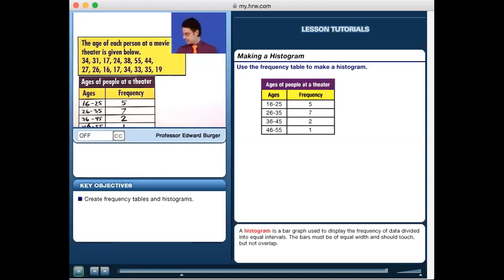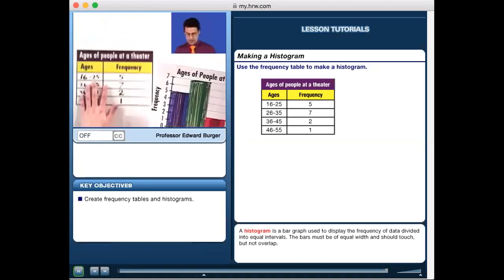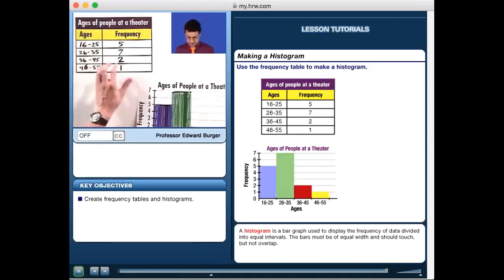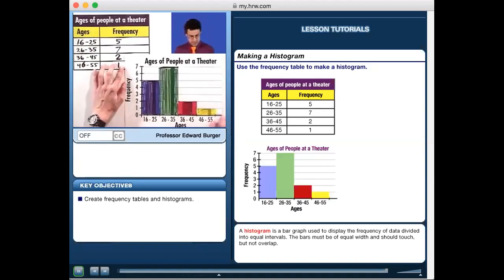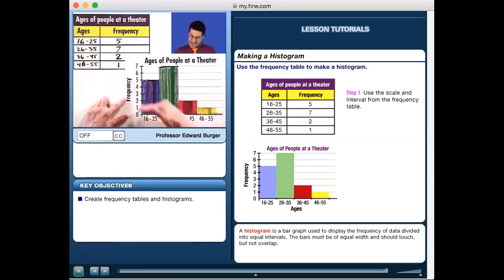Called a histogram. So a histogram is a bar chart where the bars touch each other. That's very important. Make sure your bars touch, otherwise you'll get in big trouble. So here are the age ranges. You can see again 16 to 25, 26 through 35, and so forth. Here shows the ages.